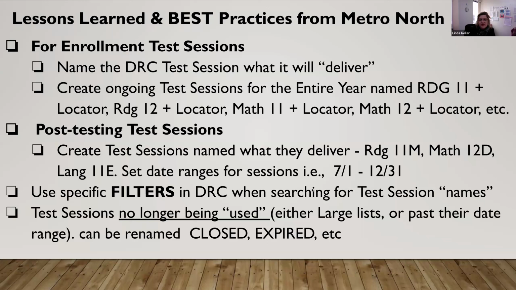There are also filters in DRC. When you land on the test session landing page, you can see every single test session and it's kind of information overload, but there are filters you can use. If I just want to see reading tests, I can put reading in the filter and it'll only pull up the reading tests that I want to look at.